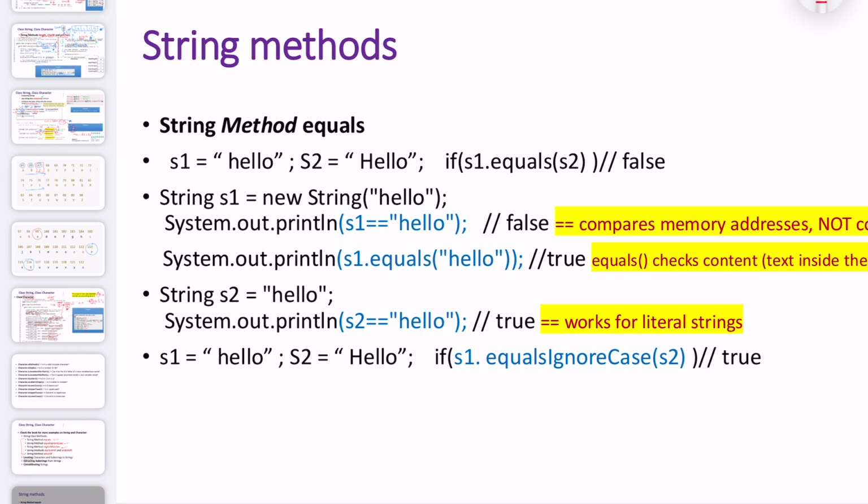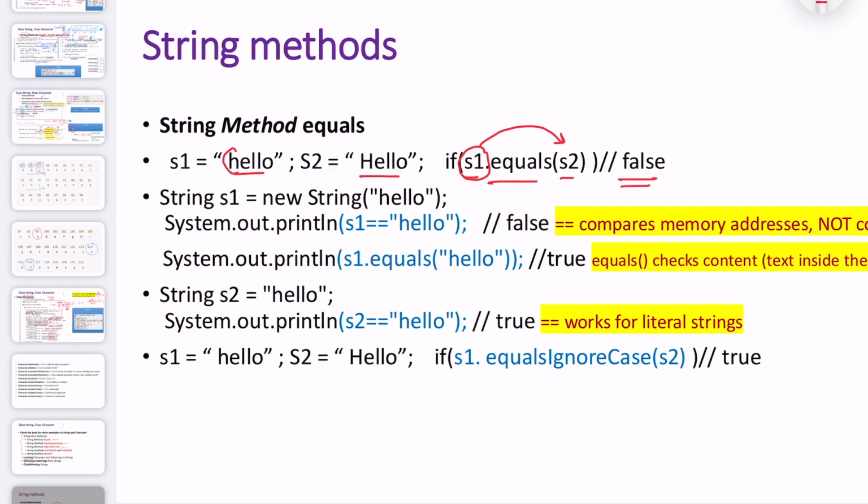If you have a string S1 and inside S1 you have hello, and S2 has hello but with a capital H. Here you are asking s1.equals(s2): is what's inside S1 equal to what's inside S2? The output is false. Why?